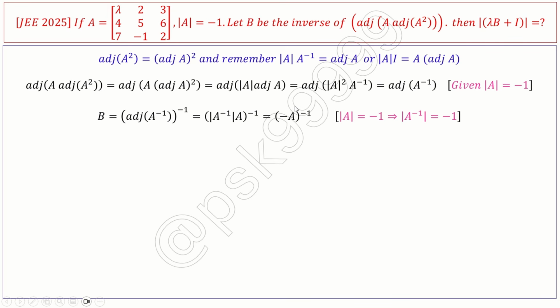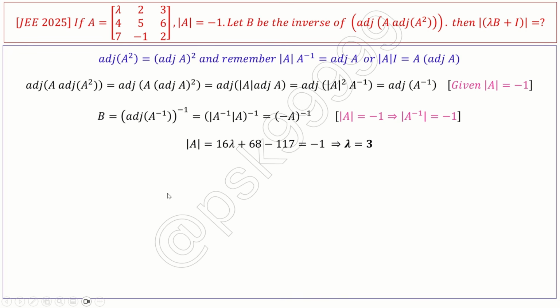So B is equal to adjoint of A inverse whole inverse. Adjoint of A is determinant of A into A inverse, so here adjoint of A inverse is nothing but determinant of A inverse into A inverse whole inverse, which is A. Determinant of A inverse is also minus 1, because the determinant of A is minus 1. So this is nothing but minus A inverse. B is nothing but minus A inverse.